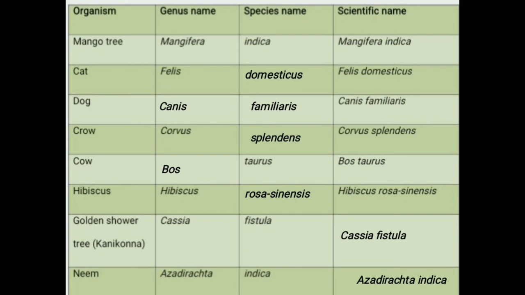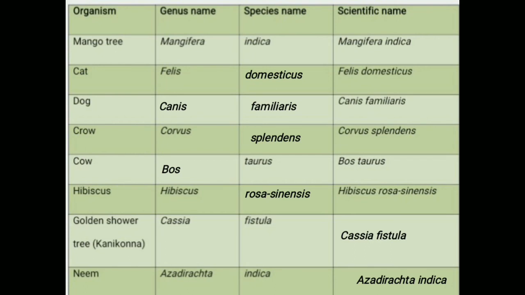Then another rule is that you can see the two names, that is genus name and the species name, are separately written, and you can see the genus name starts with a capital letter, but the species name is in small letters. See here in Mangifera indica the M is capital while indica I is small.